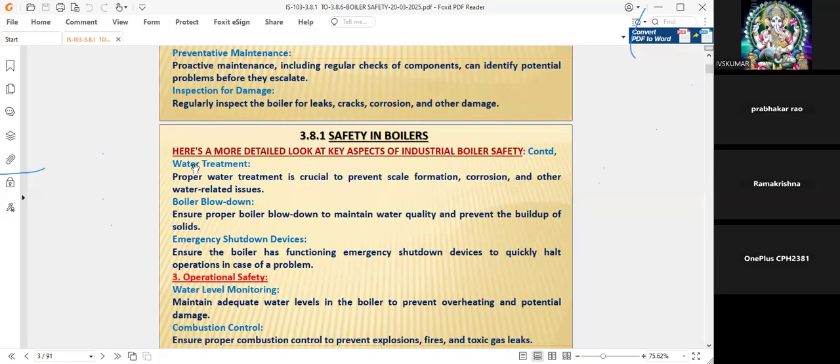If the DM water is not good, your boiler quality plate or boiler quality tube will be immediately corroded, and cracks will be observed because of the feed water content.